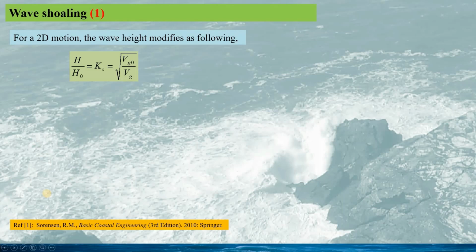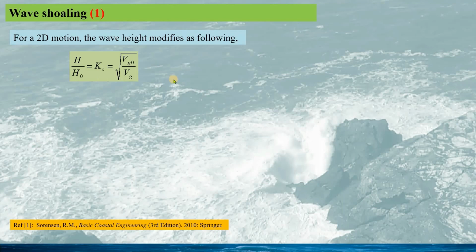In the next two slides, the wave shoaling is examined. Wave shoaling means when a wave travels from deep water to shallower water, the wave changes form during the propagation. Based on energy conservation, here the wave energy loss due to its interaction with the seabed is small and neglected.